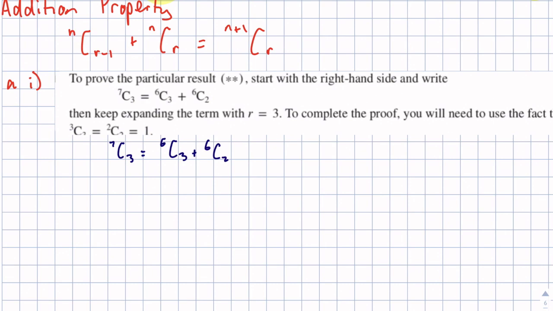Then that's the same as saying 7C3 equals 5C2 plus 5C3 plus 6C2. So I've split up this 6C3 into these.